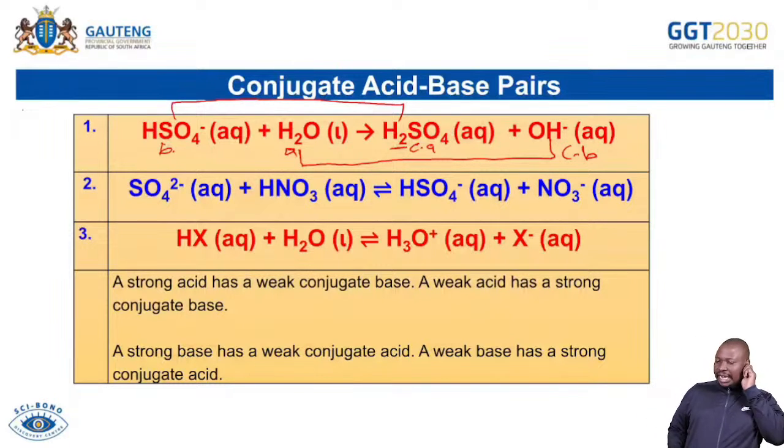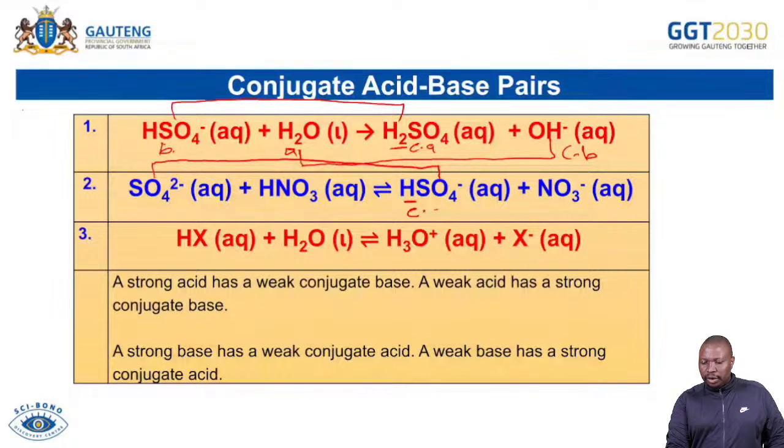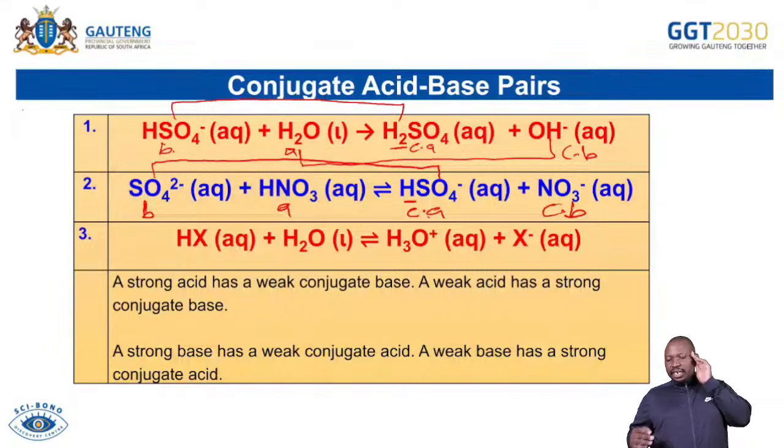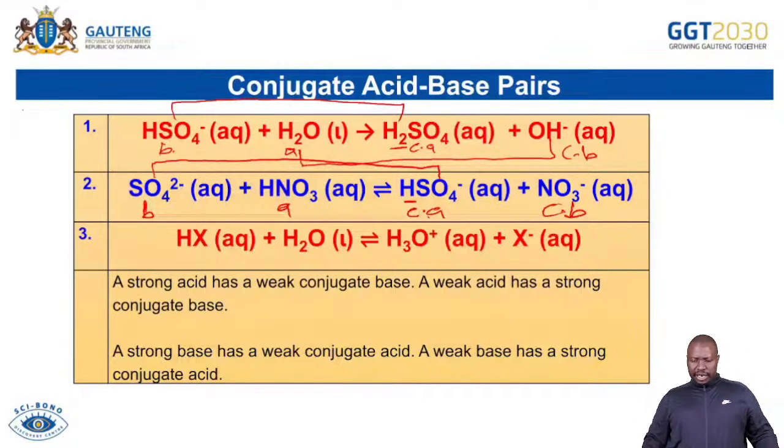You just look at the relationship: the close relative of SO4 is HSO4 minus, and the one with more hydrogen is your acid. But on the right we have conjugate acid and conjugate base, and the conjugate acid is a relative of a base. Base reacts with an acid. So you are able to determine these conjugate acid-base pairs.